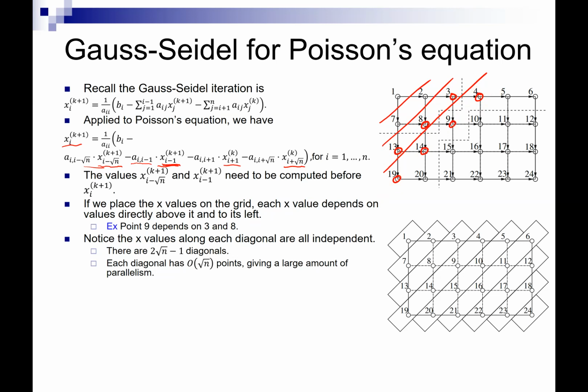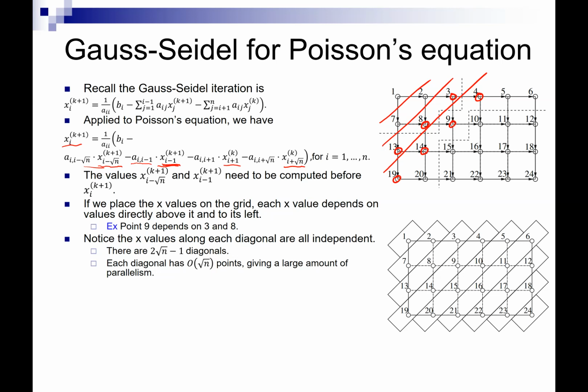So in general, this is what we're going to do. We're going to break things up into diagonals, and then compute each diagonal in parallel, but we proceed through the diagonals sequentially. In total, we have 2 times root n minus 1 diagonals if it's a root n by root n grid.